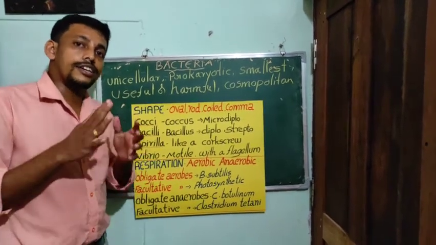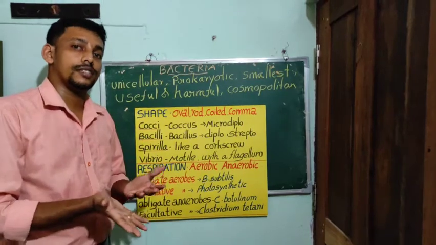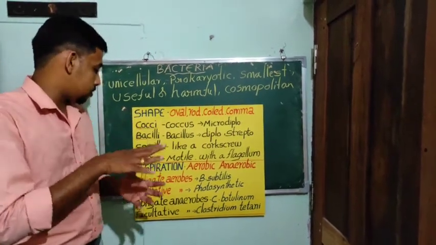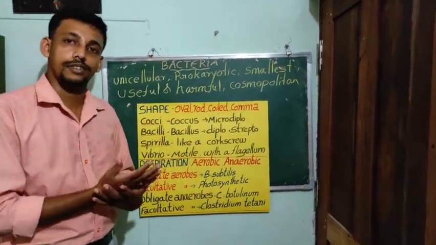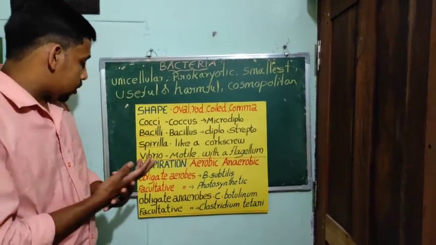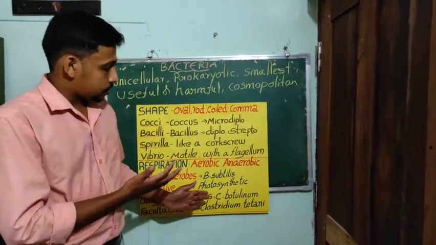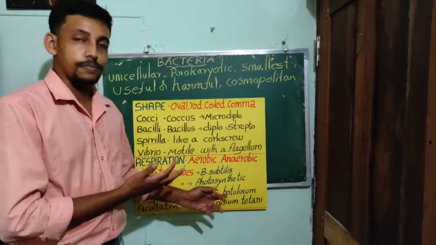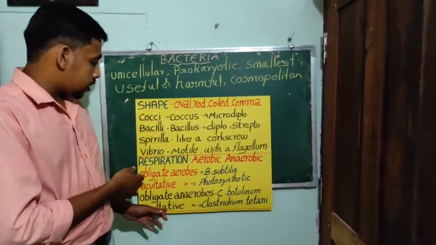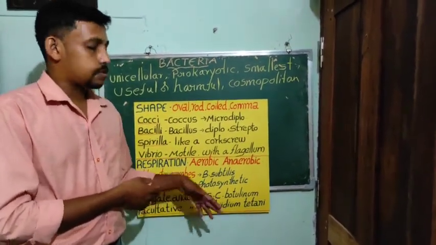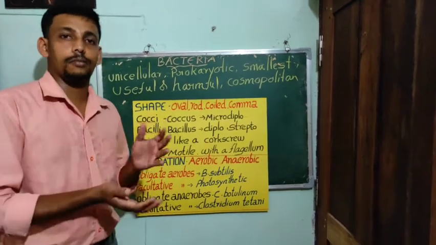If there is a deficiency of oxygen, their mode of respiration can change to anaerobic respiration. An example of obligate anaerobes is Clostridium botulinum, and in the case of facultative anaerobes, there is Clostridium tetani. These are some examples.